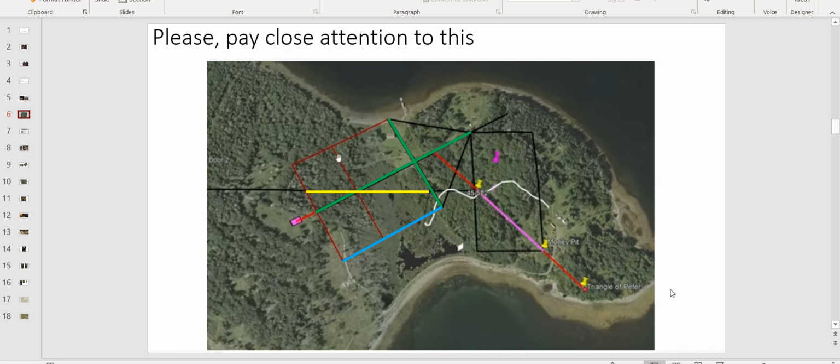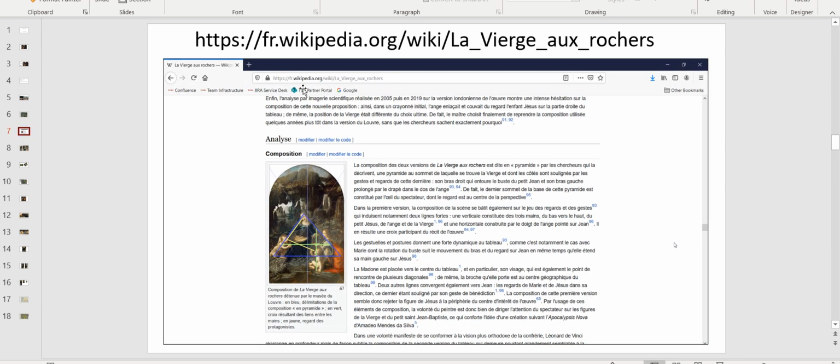When I took information about that painting, La Vierge au Rocher, I went to Wikipedia, and I was reading that thing. And now, pay close attention. This is the French Wikipedia page about La Vierge au Rocher, a big page, as you can see by the scroller. I arrive at the composition page.